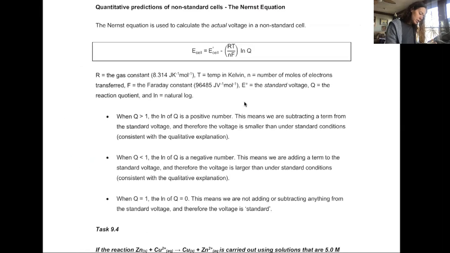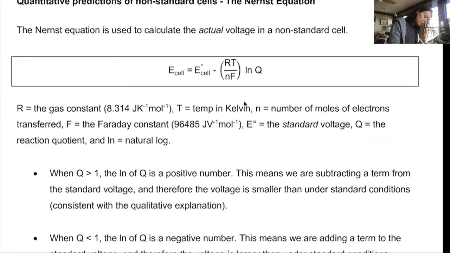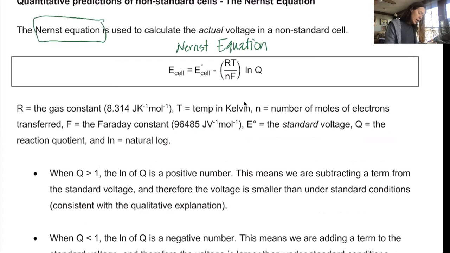quantitatively. There's something here called the Nernst equation. And this is our E cell at non-standard conditions.